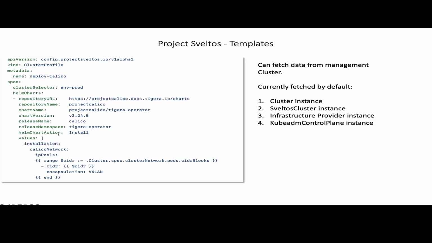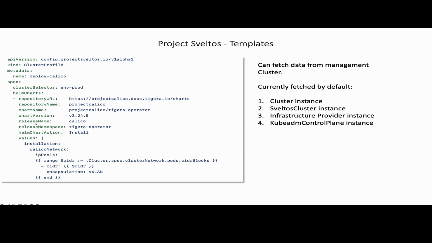So what I'm telling Sveltos is, when you're about to deploy this Helm chart, take this resource which is present in the management cluster, take this information from it, instantiate this values section, and only then deploy the Helm chart.